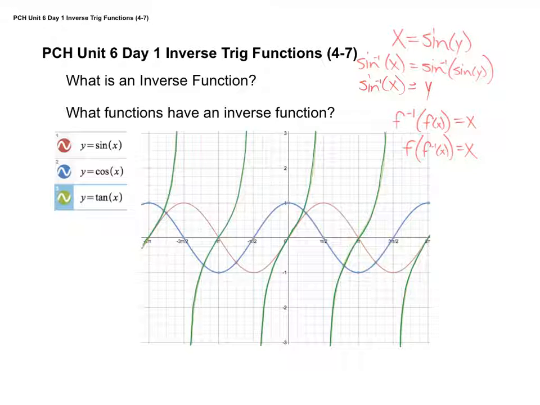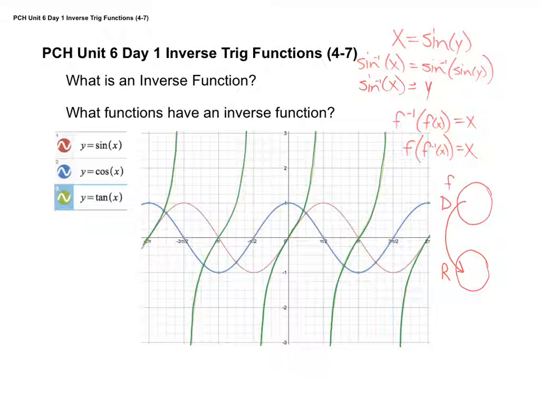Now, what the inverse sine does is this, okay? If you remember when we were talking about a function and its inverse, the function would take a value from the domain, here's our domain, and map it to a value in the range, okay?